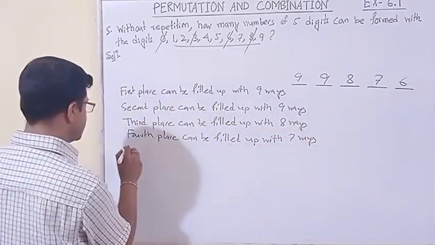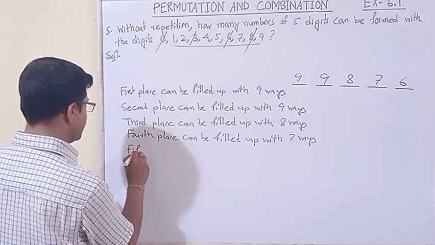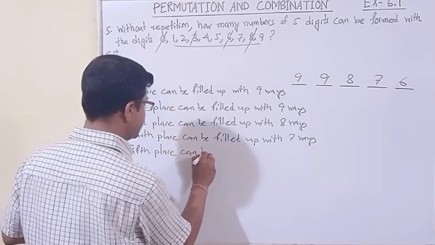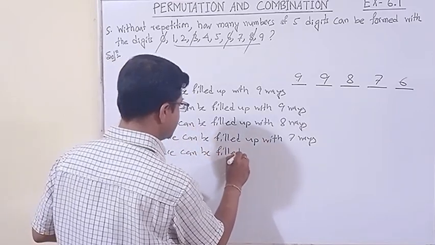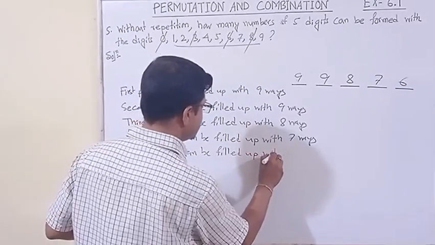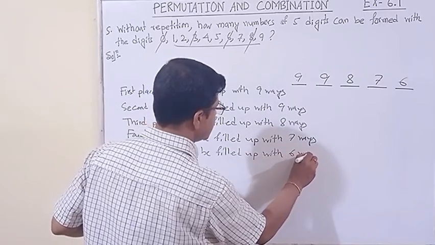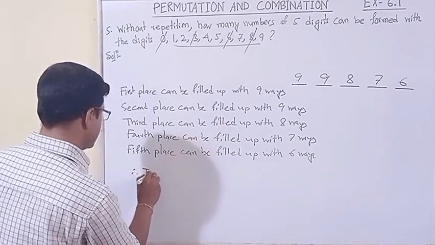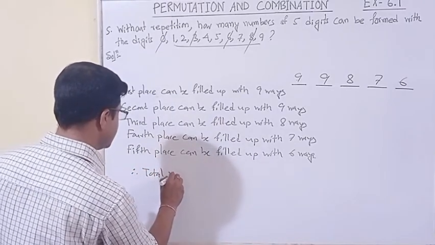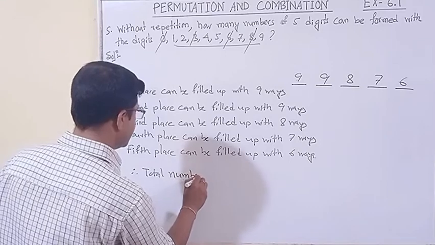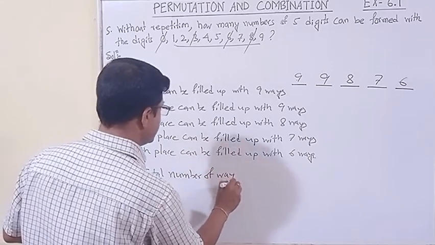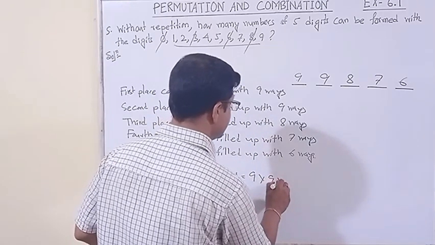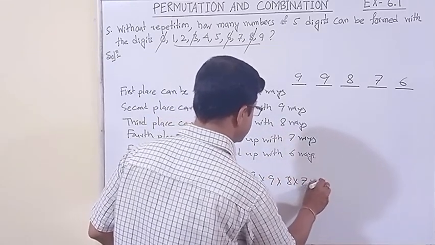Then the fifth place, this is the last, fifth place can be filled up with 6 ways. Now let us find the total number of ways. Therefore total number of ways, what we'll do? We have to just multiply 9 into 9 into 8 into 7 into 6.